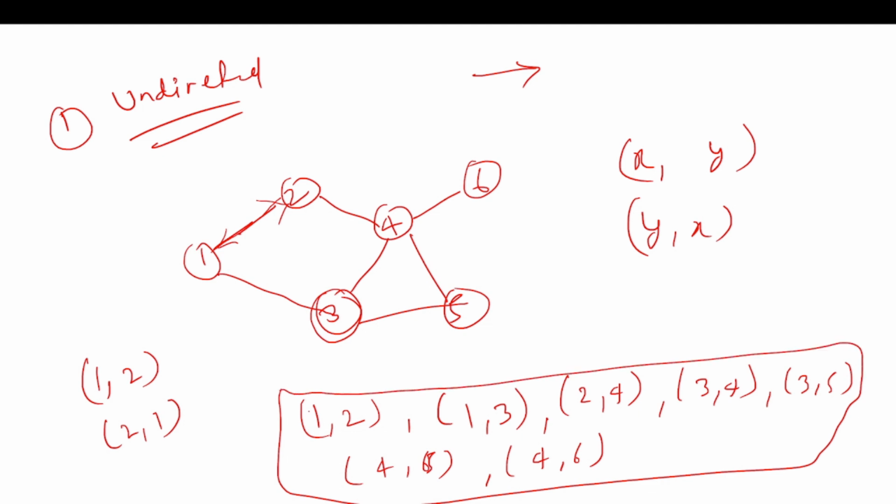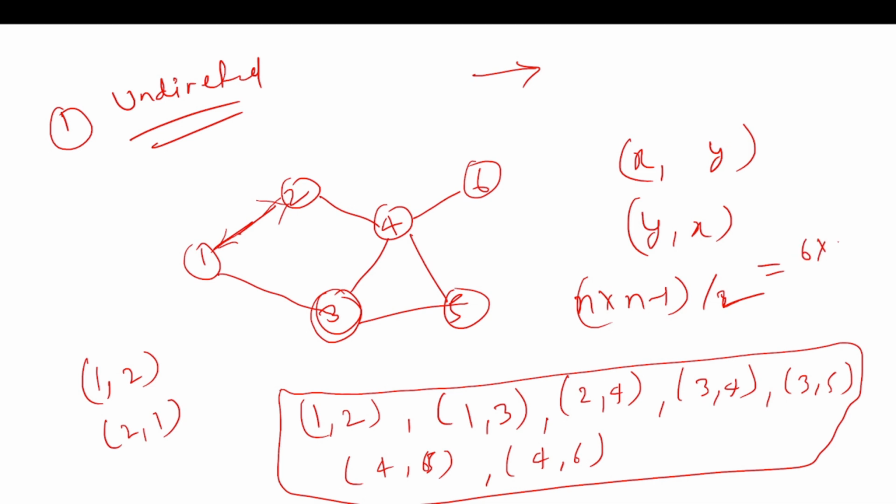So the maximum number of edges which is possible in an undirected graph without a loop, we have to count, right? How will we count? n into n minus 1 by 2, right? Let's suppose how many edges are there here. Let's suppose we have given 6.